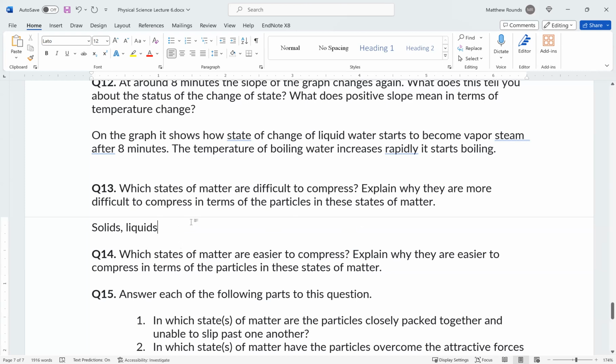Should I then mention the solids, liquids, and gases? Only solids and liquids. Okay, that's what I wrote right now.